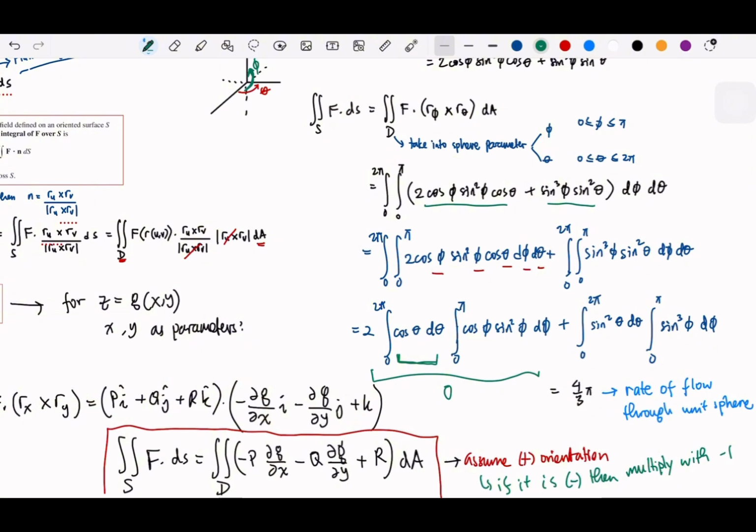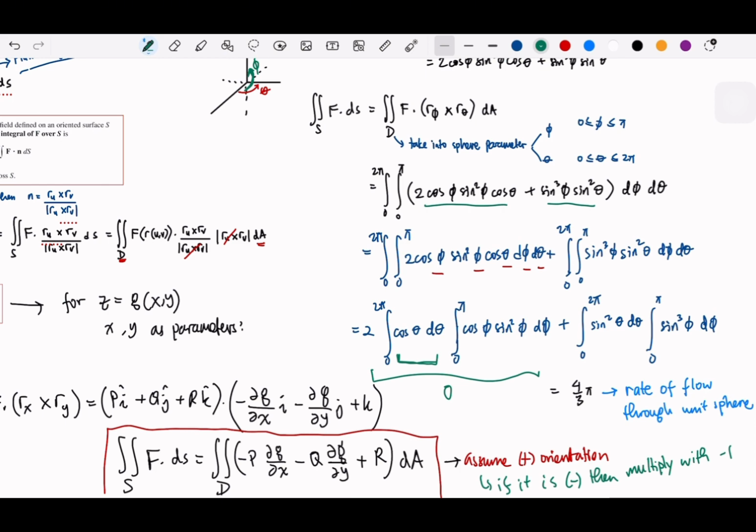And I think compared to what we have in the parametric surfaces, when we have another parameter, if we just focus on the xy, it's technically a lot easier.